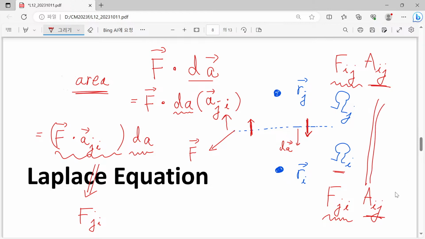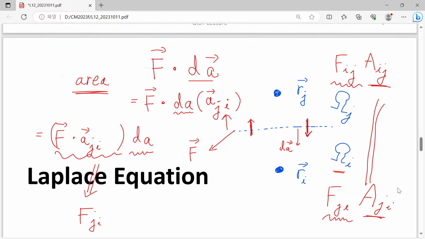Of course, if I wanted to make it more beautiful, maybe there is a way like this, a j i, but whatever, that doesn't matter because interchanging the indexes in this case doesn't make any difference. Okay? That was also quite a good question.